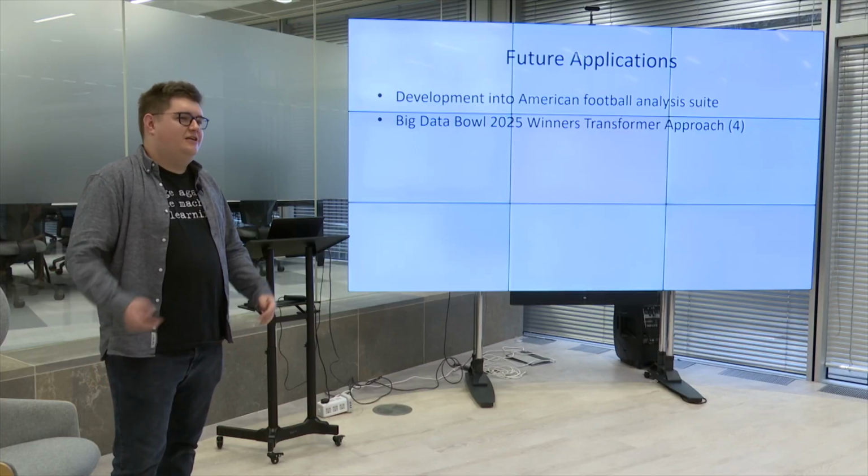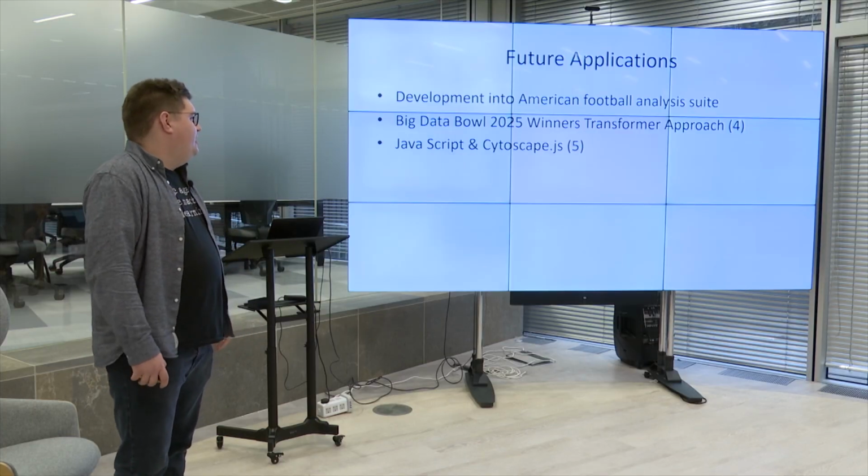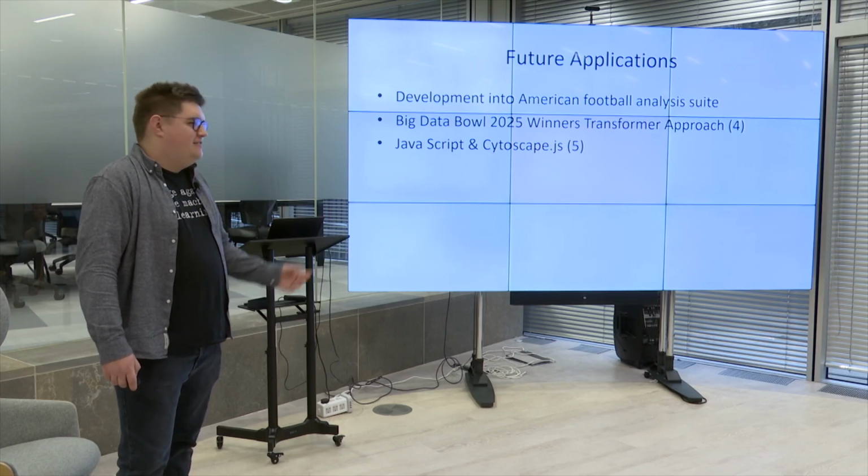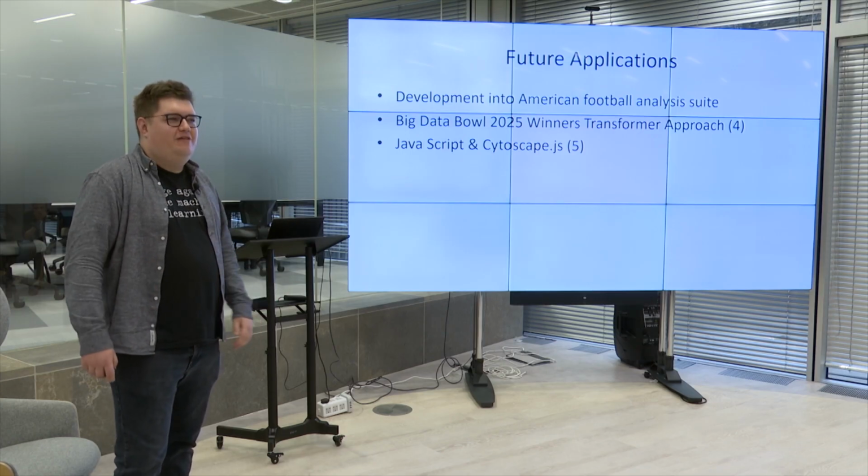Yeah, there are also a lot of new approaches in recent Big Data Bowls, for example applying a transformer model to the tracking data to get better insights with the custom generated data. You could do it with JavaScript, Cytoscape, and then probably have an API backend where you read the data into JavaScript.